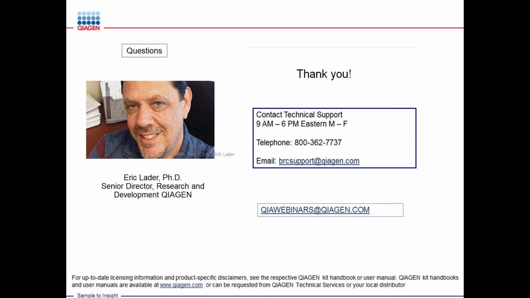Okay, the last question for today is, do you have any specific recommendations as to what instrument we should run it on, an Ion Torrent or an Illumina or a QIAseq? I think that it depends on what you have. We have certainly been doing this. The sweet spot for our lab has been the MiSeq.